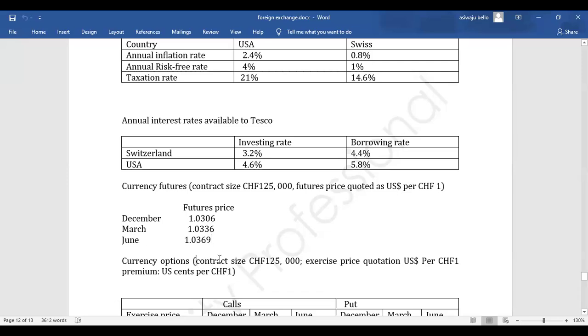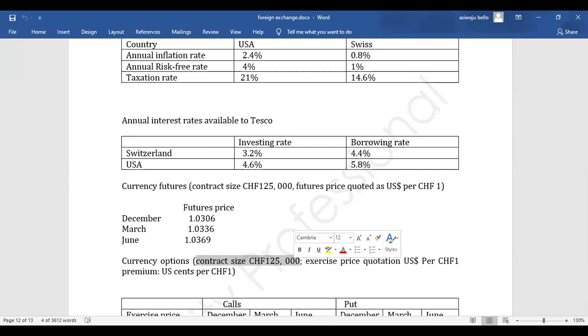Look at this, under currency option, there's a contract size attached to it. That is sufficient evidence that the examiner is testing exchange-traded currency options.